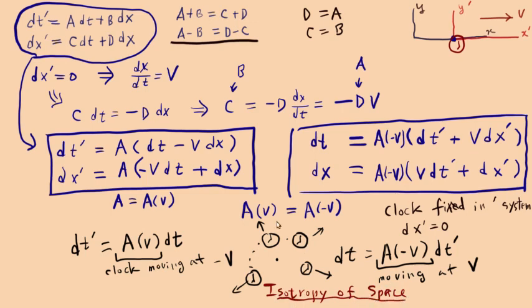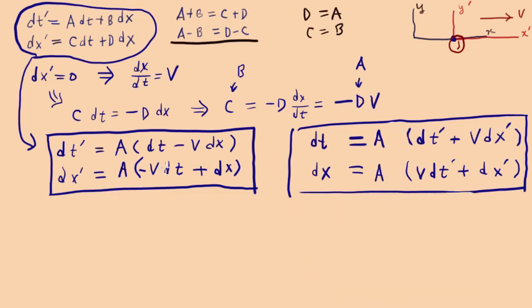And therefore, a(v) is equal to a(-v). So with that crucial fact explained, I replaced these symbols with just a's because they are the same quantities. So I proved that these a's depend only on speed, only on the magnitude of the velocity, not the direction.